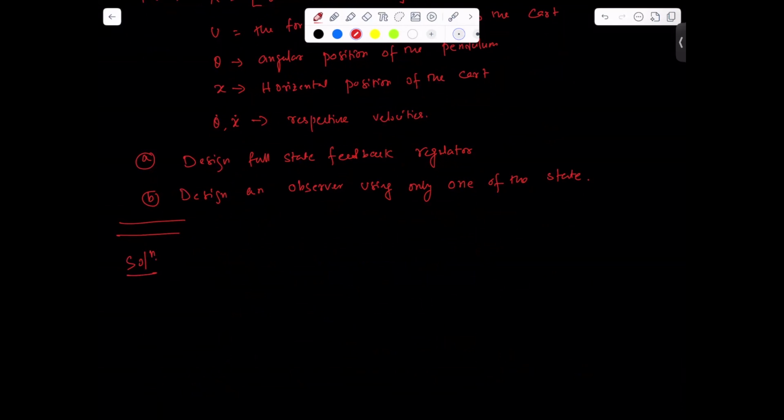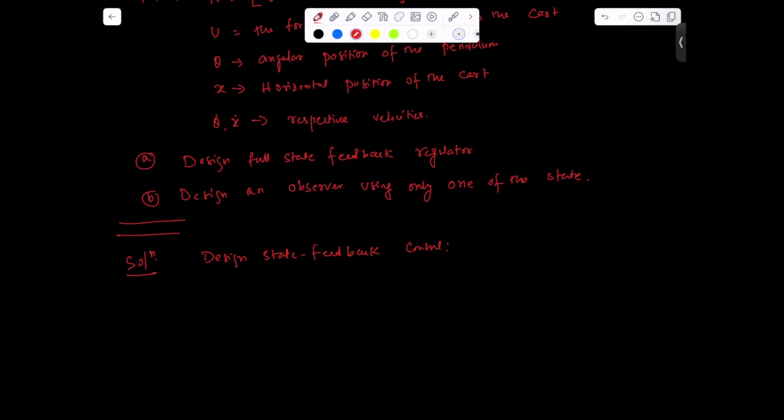First, let's design the state feedback control. Here we'll be using the Ackermann formula. Before that, we need to go through the basic steps for designing the control.